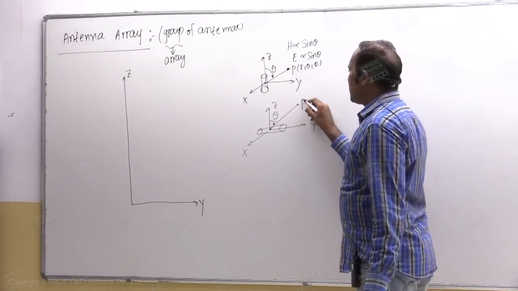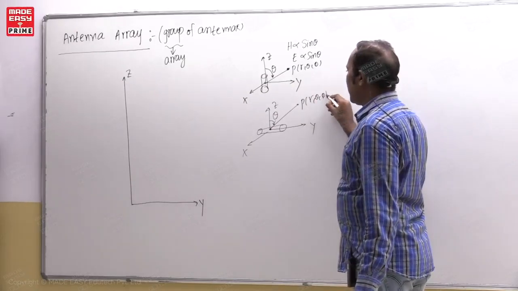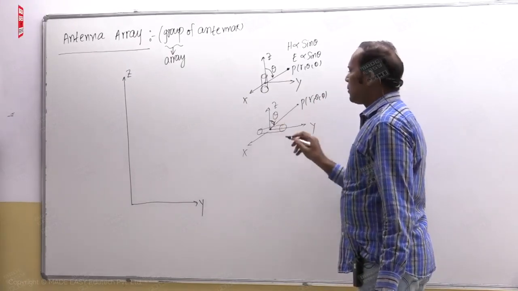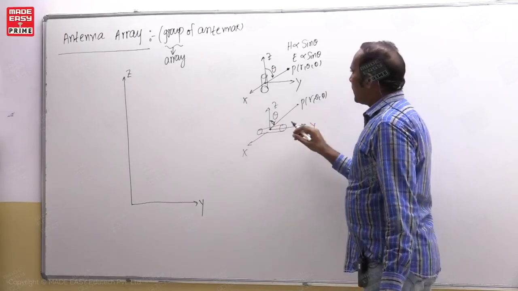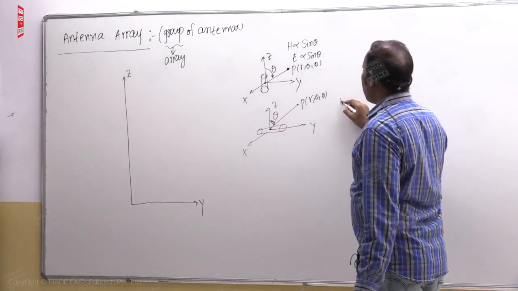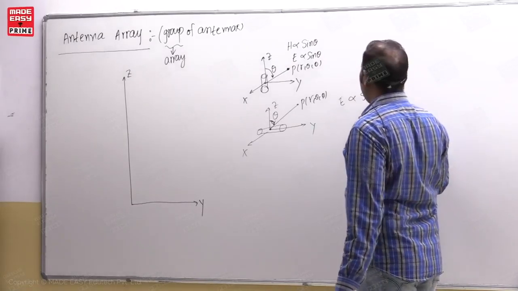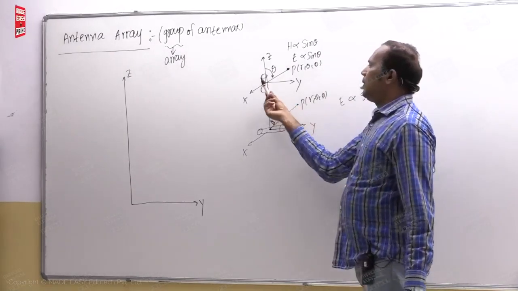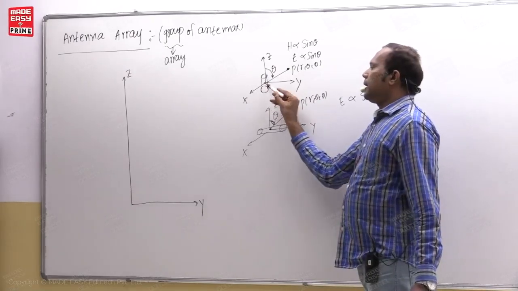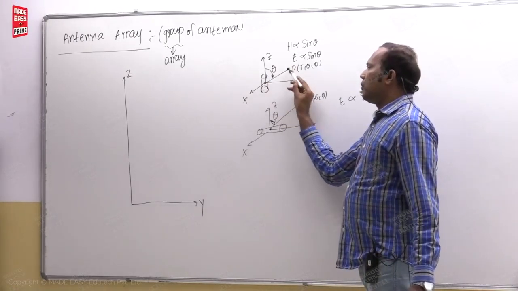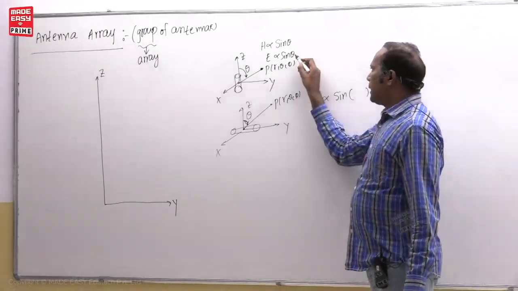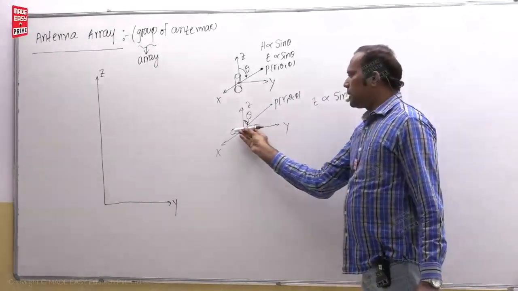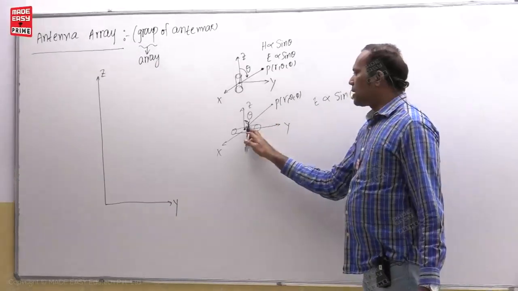This is point r, theta, phi. But you have to substitute in the electric field sine of the angle between the antenna rod and the line drawn from the origin to the field point.